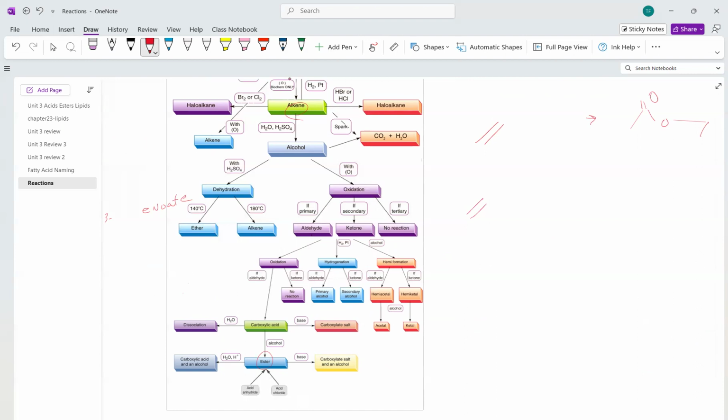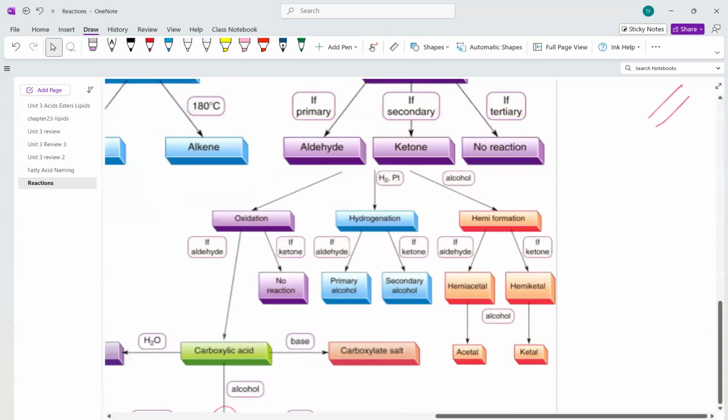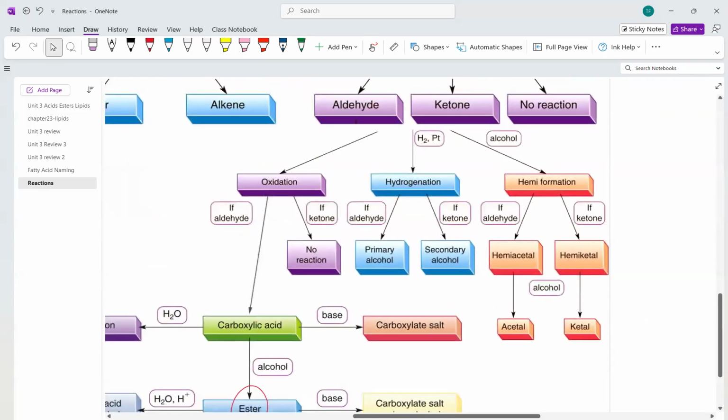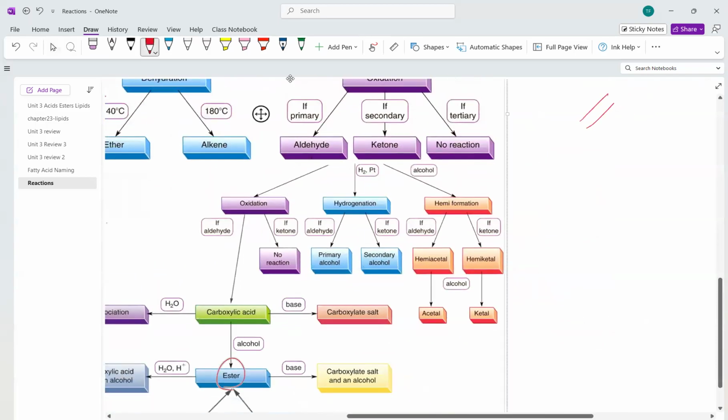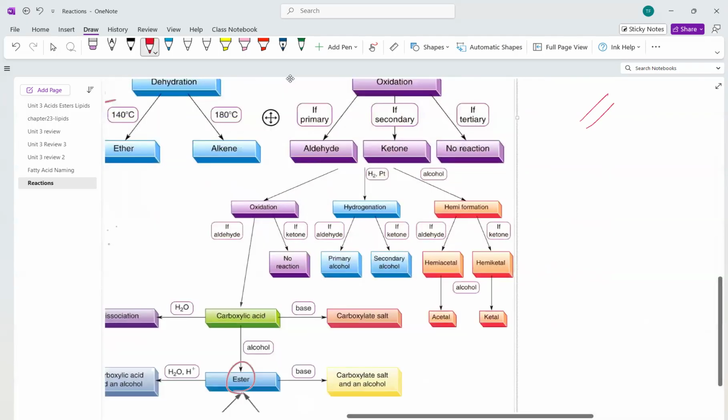If you remember from Unit 1 chemistry, here is, this is the acid. And how did we make that? Well, we oxidized an aldehyde. All right.